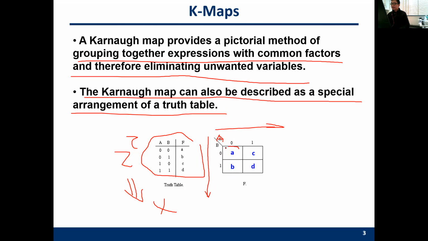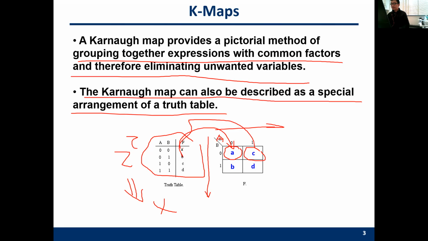So this single box indicates when A is 0, B is 0. This one indicates A is 1, B is 0. And then you can copy the number here to its corresponding box.